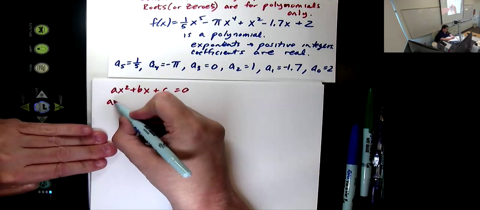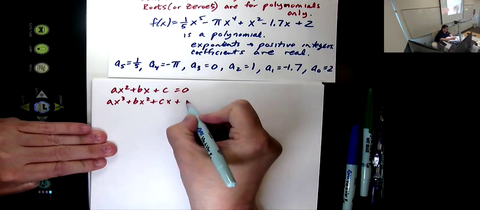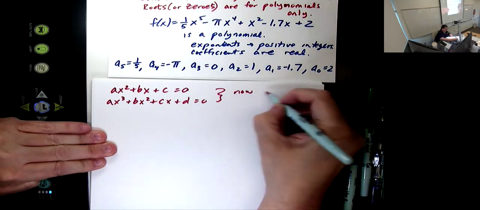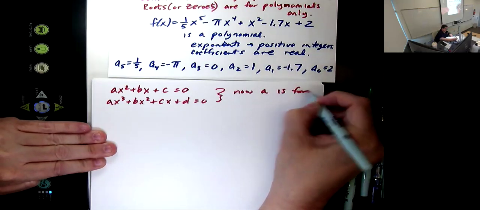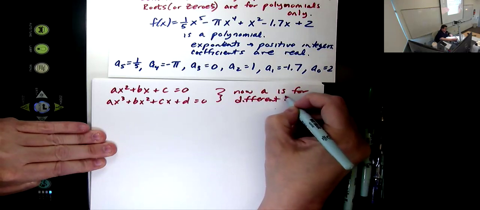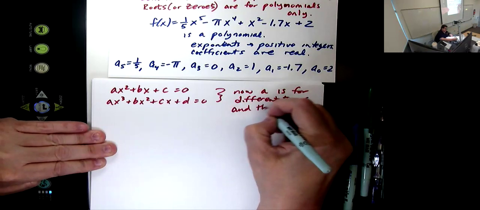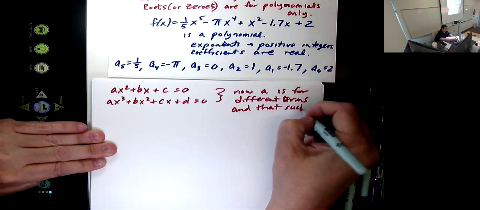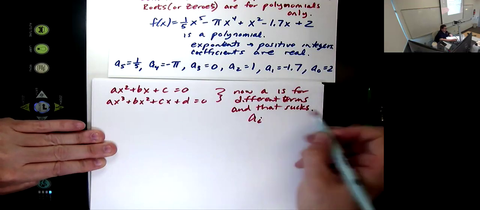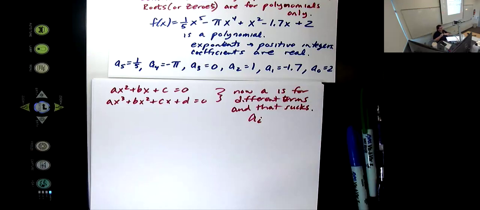But if I were to go to x cubed, now a is for different terms. And that sucks. So we use the a with the subscript, I as a subscript, and those are consistent no matter how I write it.